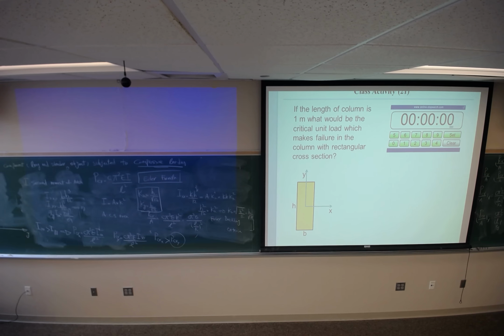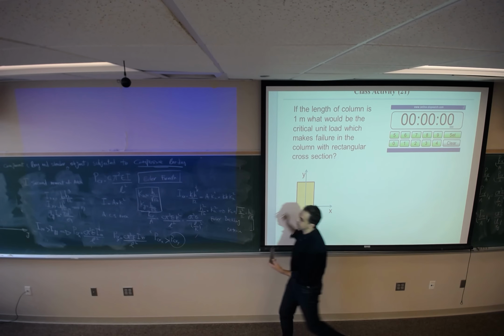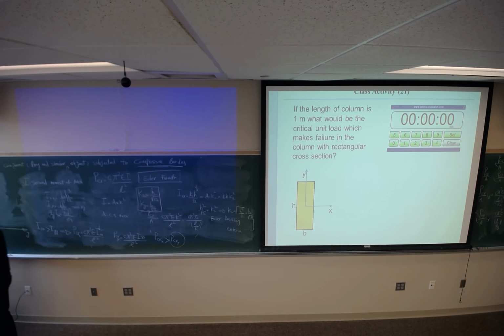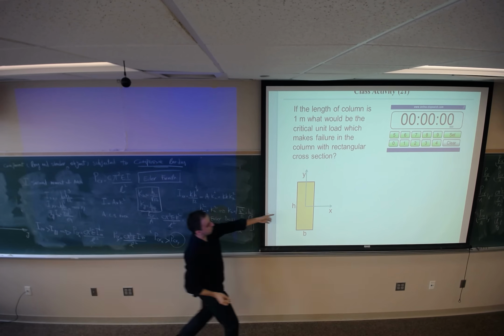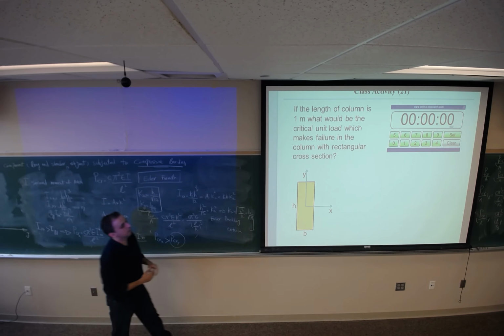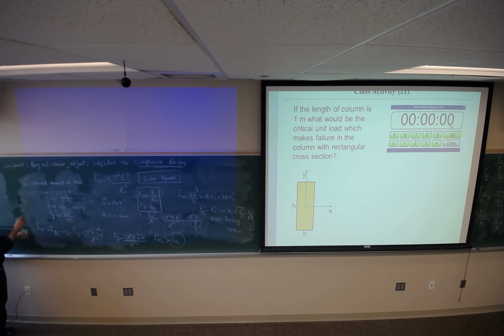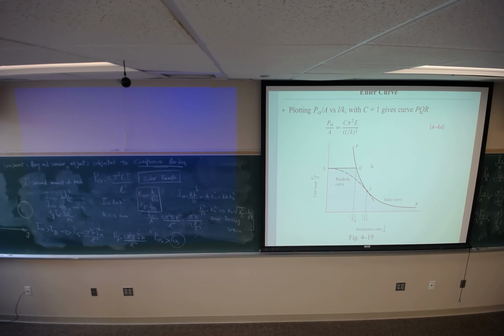So by increasing P, the first buckling which happens is going to be about the y-axis. In any cross section, since we have two axes, we might have two different bucklings. For a circular cross section, since we have symmetry, we only have one buckling. But in a different cross section, we might have different bucklings, and we should make sure which one is going to happen first.